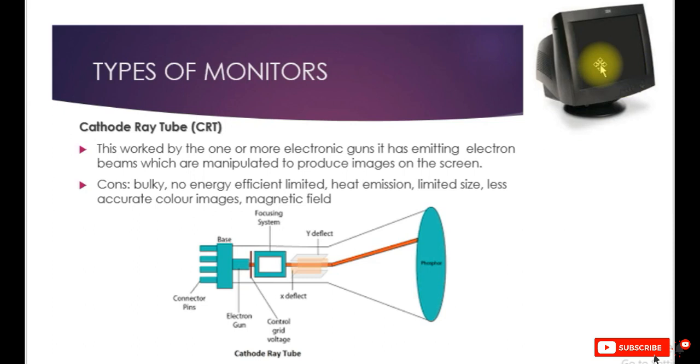Now, as I mentioned, the CRT monitors are obsolete, and as you can see here, they would have been pretty bulky, so they would have taken up a lot of space on top of a desk. Additionally, they were quite energy inefficient, so they consumed a lot of electricity and generated a lot of heat also.